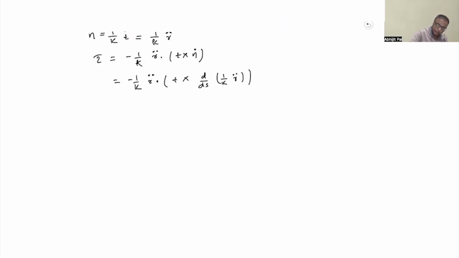Again, this is minus 1 by k γ double dot product with this vector. So t is γ dot vector product with 1 by k γ triple dot minus k prime s divided by k squared γ double dot.